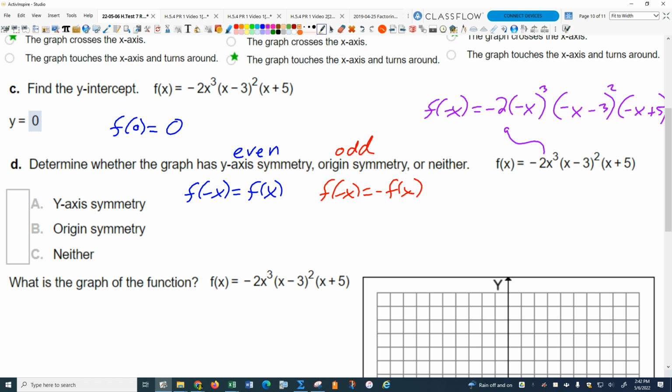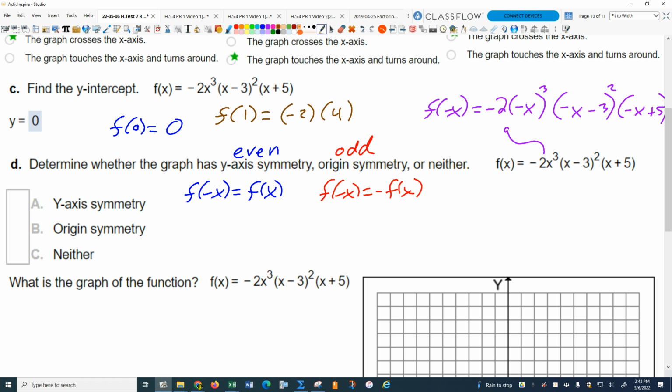Okay, so let's just pick one. Pick one that's not horribly difficult to plug in. 1. There you go. So how about if we try f of negative 1? Let's see what happens. Well, let's do f of 1 first. F of 1 is going to give me, if I plug that into my function, the first factor is going to be negative 2. Next factor is going to be 1 minus 3 is negative 2 squared is 4.